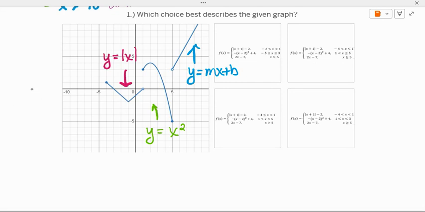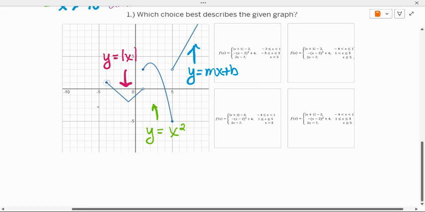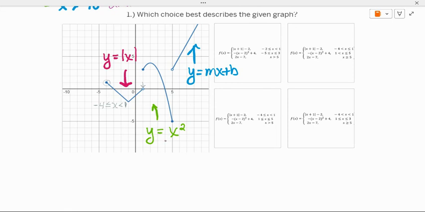Okay, so now we want to focus on our domain values. When I look at my domain for the absolute value function, I see that the smallest number is -4, and it's included, so -4 is less than or equal to x, which is less than, not included, +1. All right, let's look at the quadratic function.